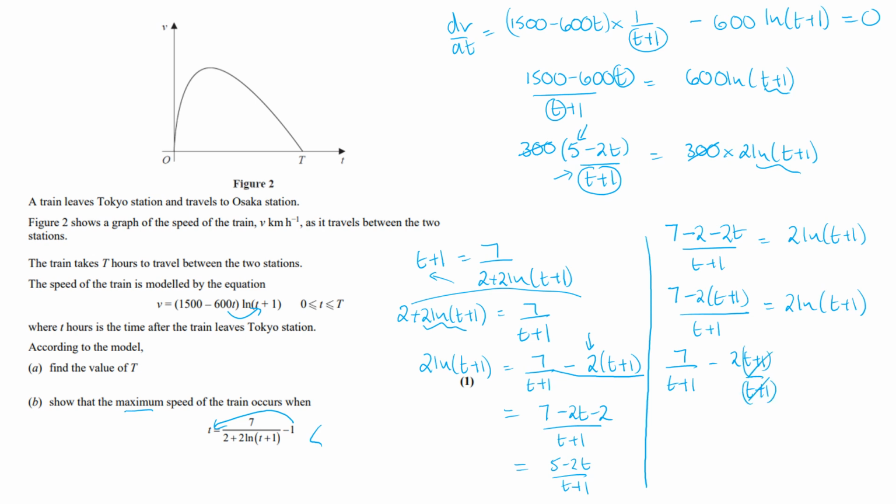So they'll cancel, is equal to 2 the ln of t plus 1. Take that 2 to the side. 7 over t plus 1 is equal to 2 plus 2 the ln of t plus 1. Now just cross multiply. So 7 over the 2 plus the 2 the ln of t plus 1 is equal to t plus 1. And then just bring that over.